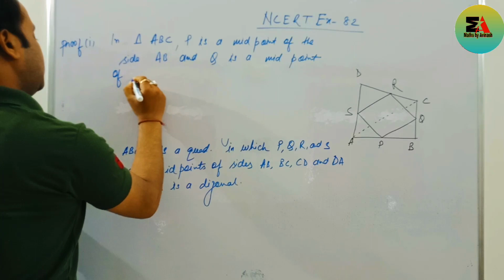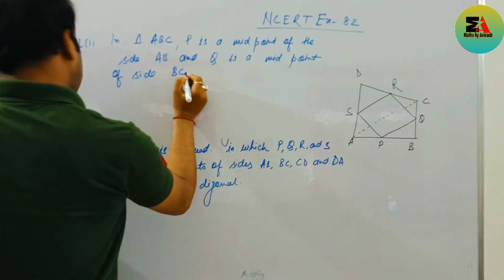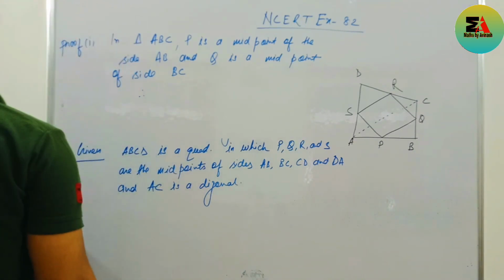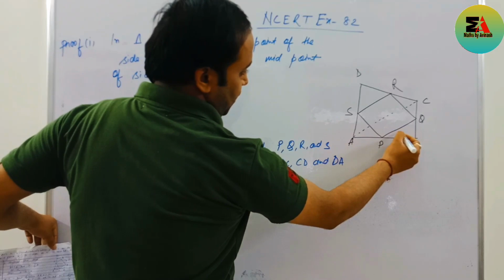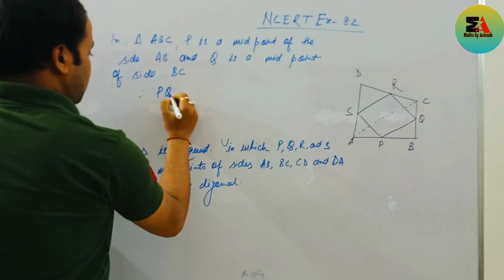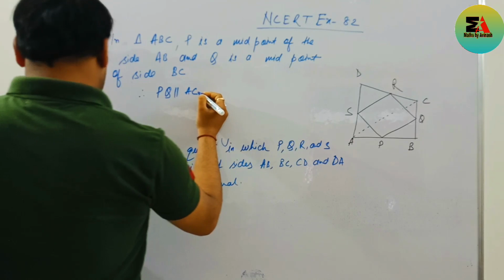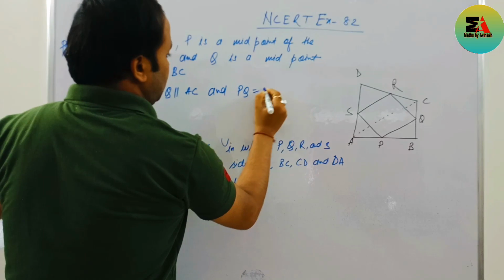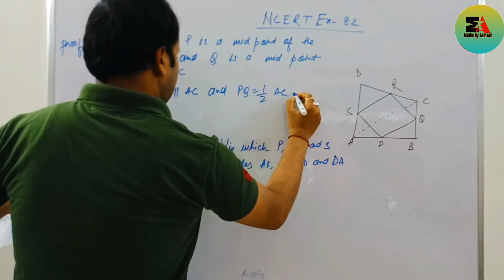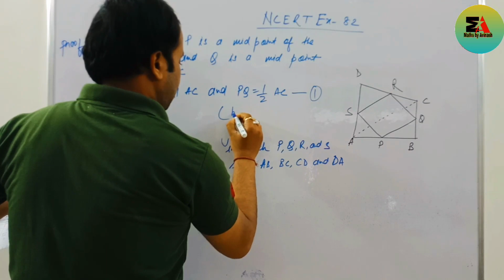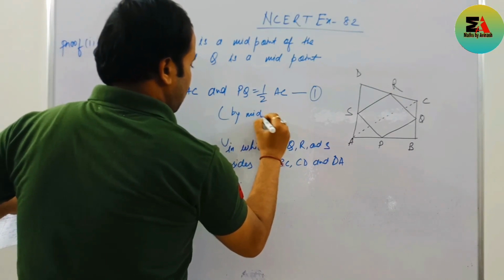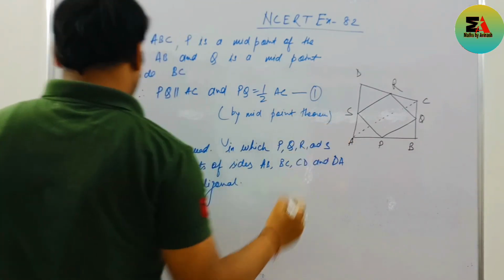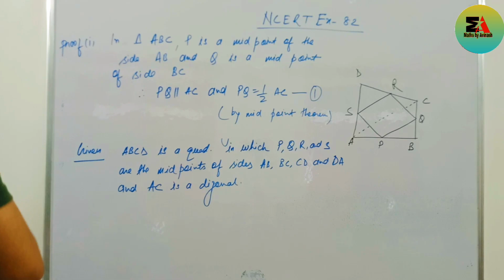Therefore, what do we write? PQ parallel to AC and PQ is half of AC. How? By the midpoint theorem. This is the first result. Write the reason: by the midpoint theorem. I hope up to this stage is clear.